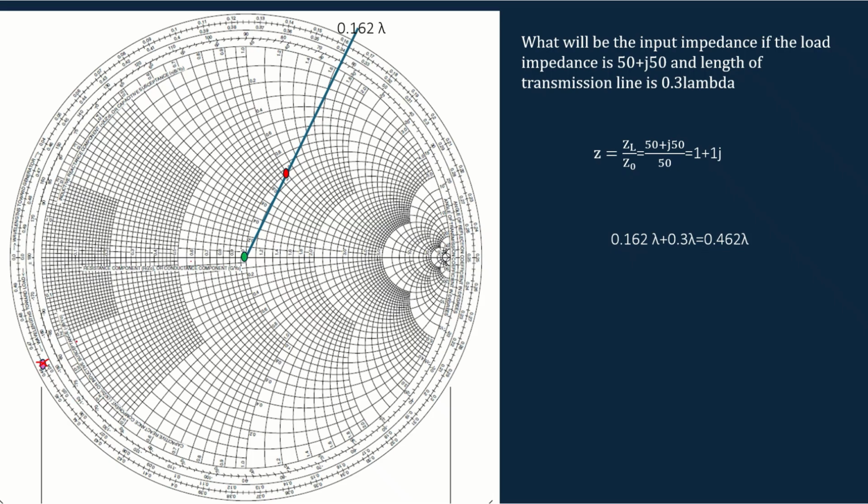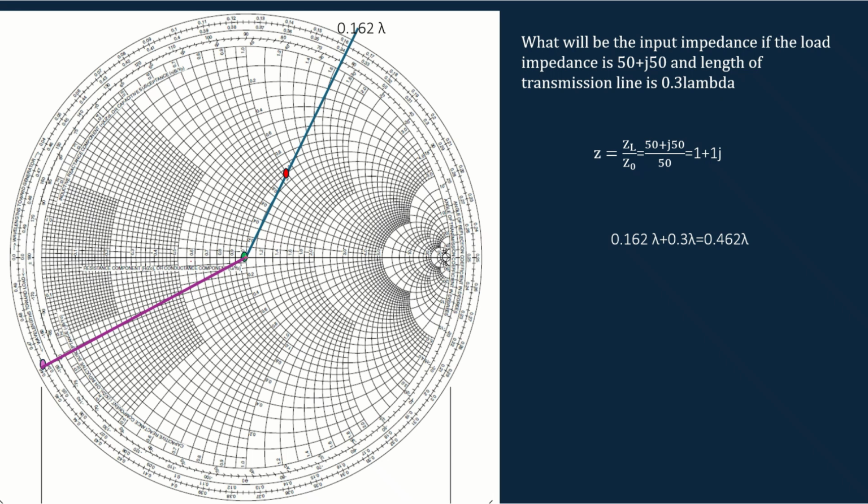Next, you have to draw a line from here to this matched point. This matched point is always our reference. So I have drawn a line from 0.462 to this point.